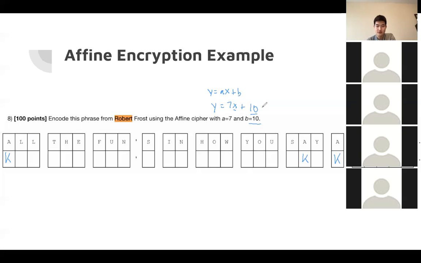Here, I'm just going to write this mod 26. Yeah, it's J because 9 goes to J. So all the L's get filled in with J's.